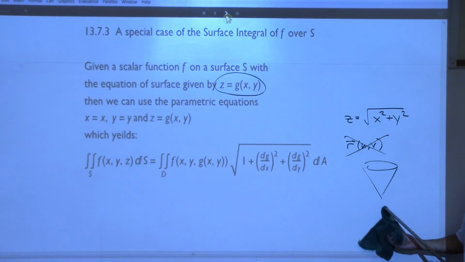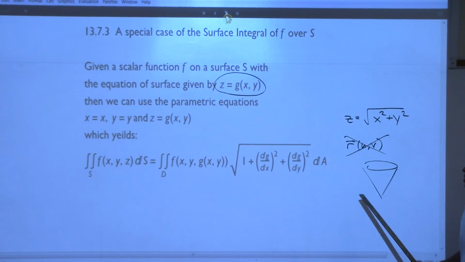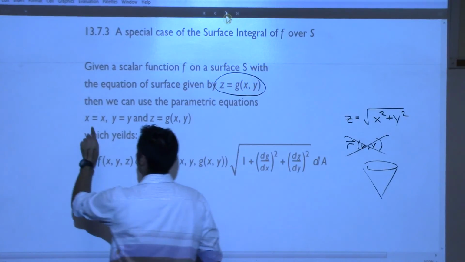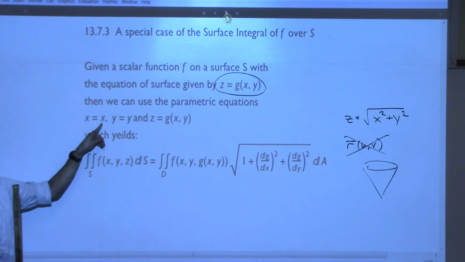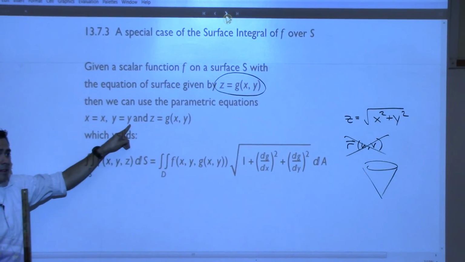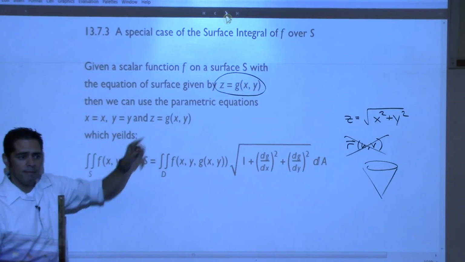If that's the case, then this is what the formula turns out to be. Our x, which used to be the u, is just going to be itself. The y will just stay y, and the z will be the function of x and y.